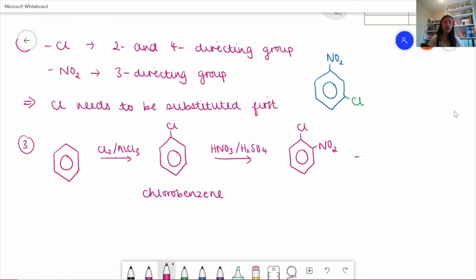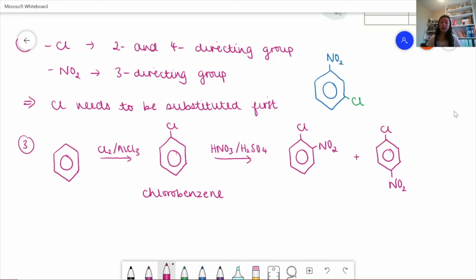However, we can also get another product because chlorine is a 2,4 directing group, and so we can also direct the nitro group to the fourth carbon, and so we get a mixture of these two products.